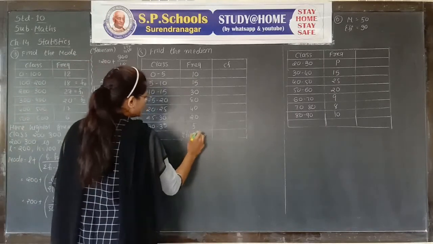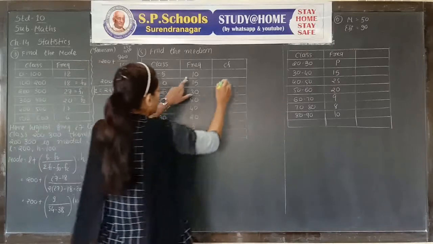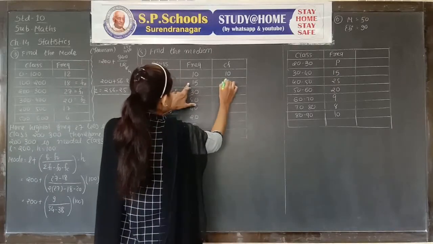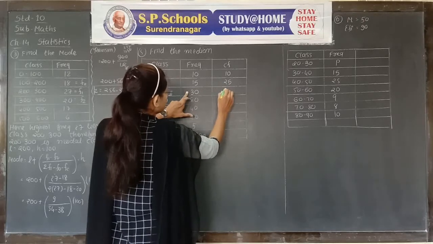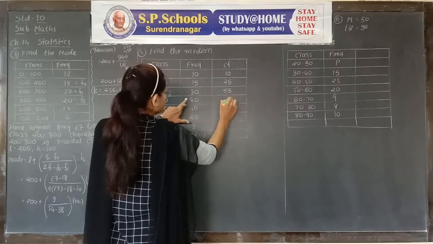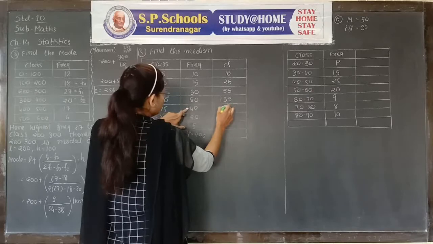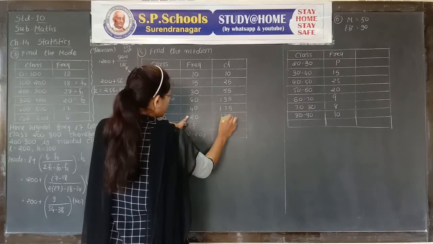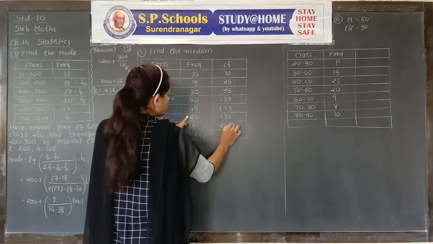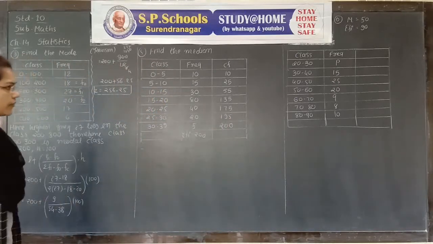Which is 200. Now to find CF: 10 as it is, 10 plus 15, 25, 25 plus 30, 55, 135, 175, 195, and the last which is 200. Done.